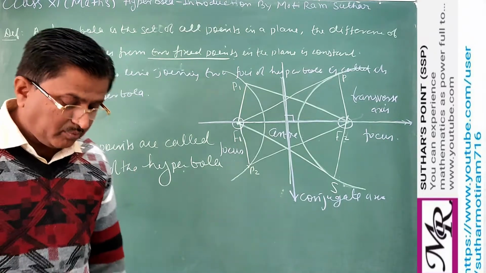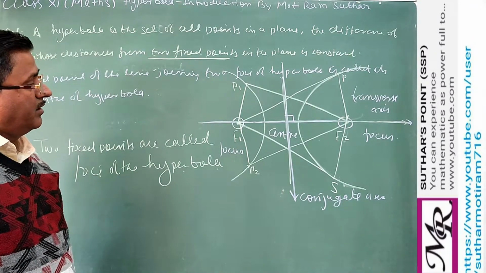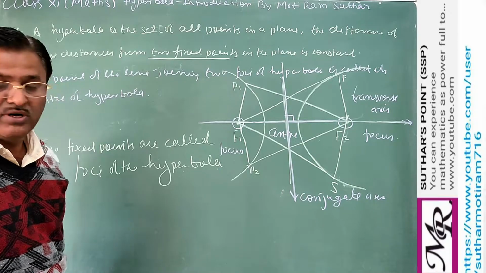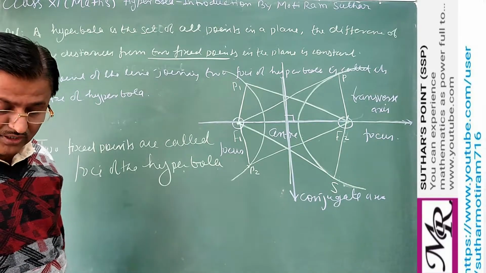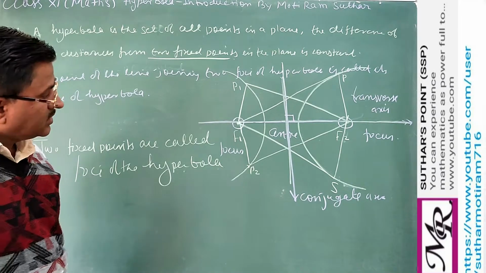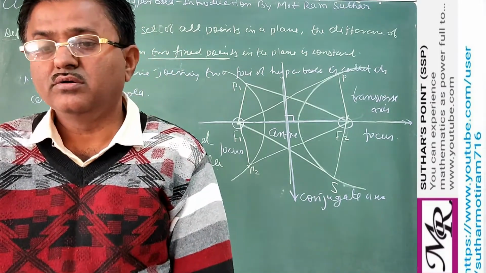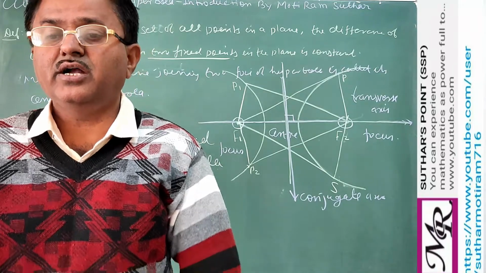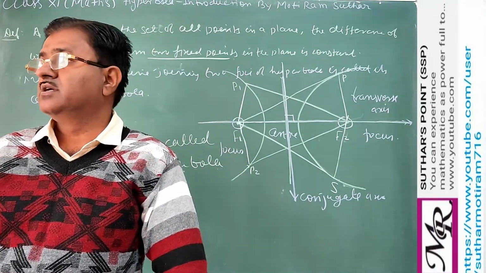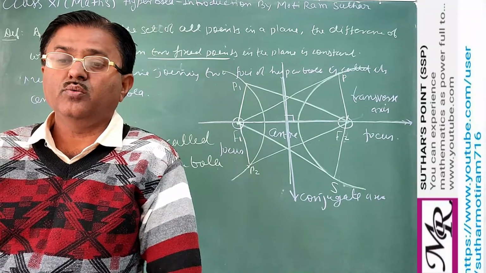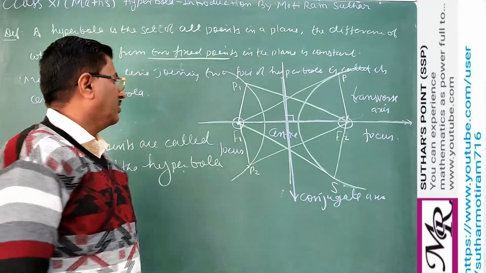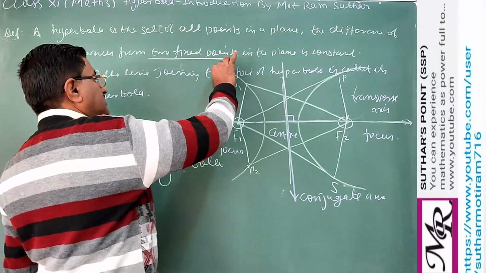The point at which the hyperbola, or hyperbolic curve, intersects the transverse axis is known as the vertices of a hyperbola. What is the meaning of vertices?